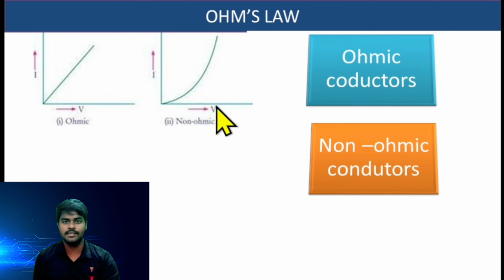In non-ohmic conductors, resistance is not constant. So ohmic conductors are conductors which obey Ohm's law. Conductors which do not obey Ohm's law are called non-ohmic conductors.